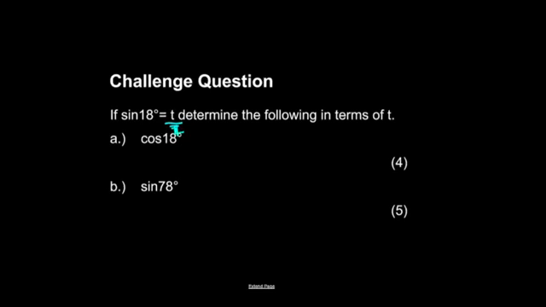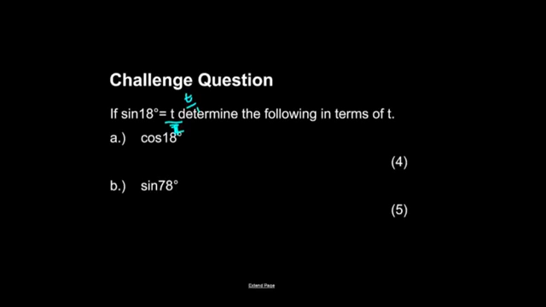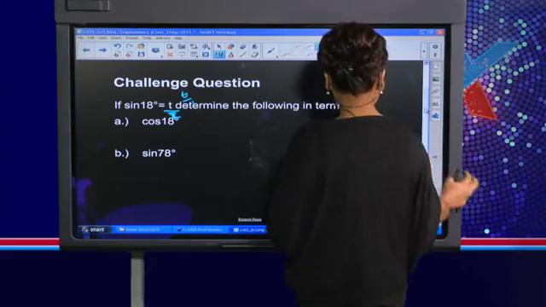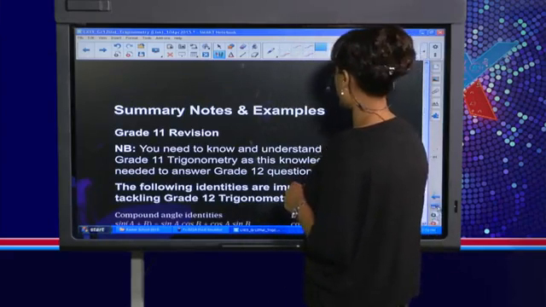Let's see if that can assist you with this question. Some of you might know exactly what you need to do. So you can rewrite t as t over 1. You then need to find cos of 18 degrees and then sine of 78 degrees. So guys, give that a crack. Let's see if you guys can get the answers. I'm sure lots of you will be able to by this stage of trigonometry.